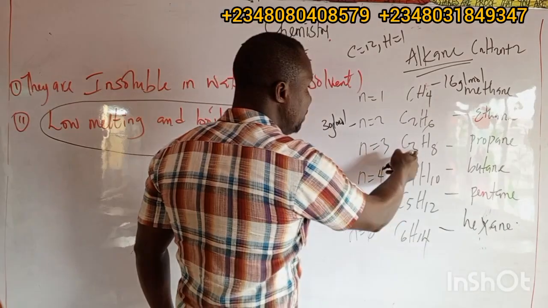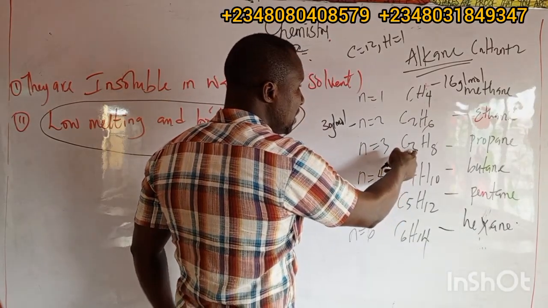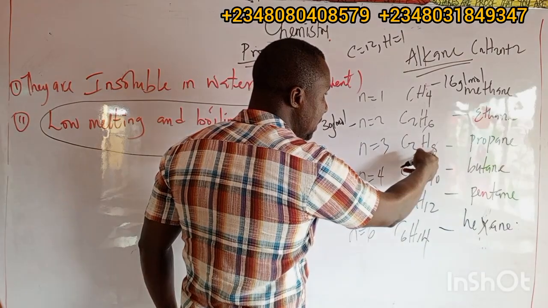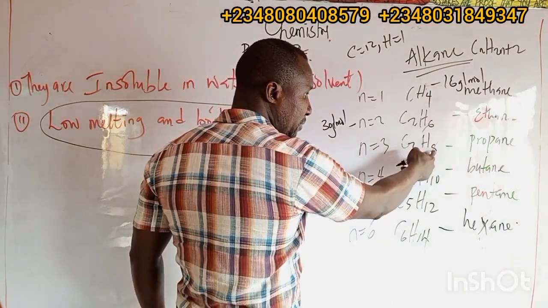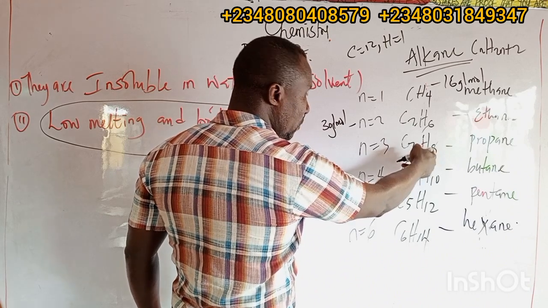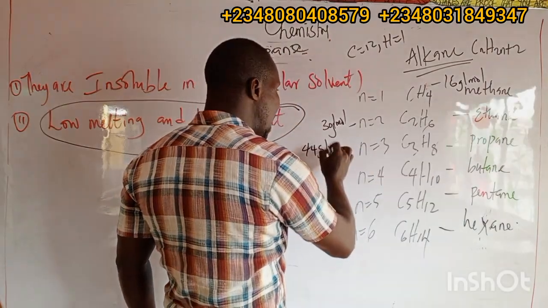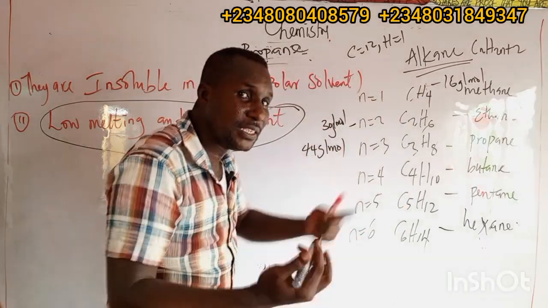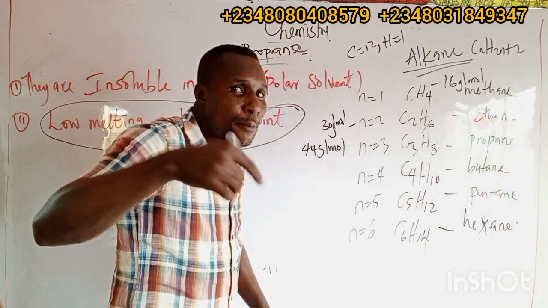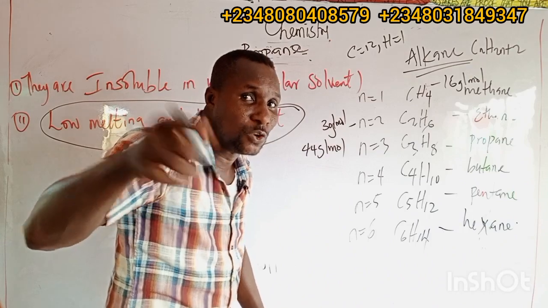This one, 12 times 3 is 36, plus 1 times 8, 8, that means 44 grams per mole. As you are coming down, their molecular mass is increasing. Therefore, their melting and boiling points also increase.